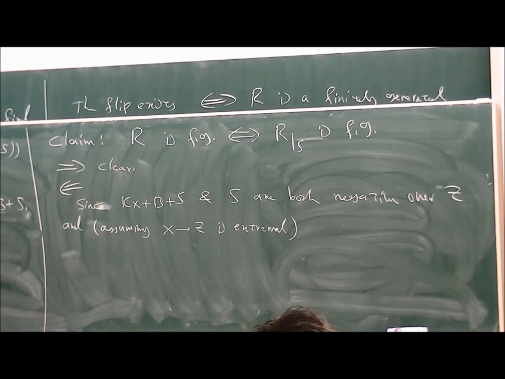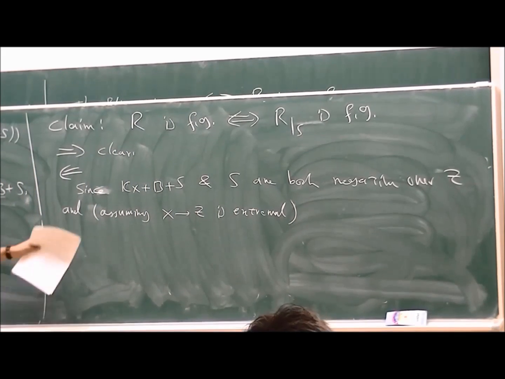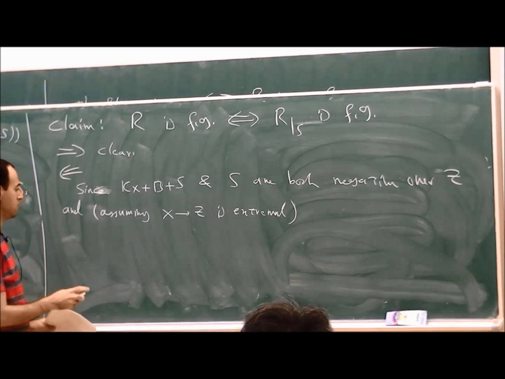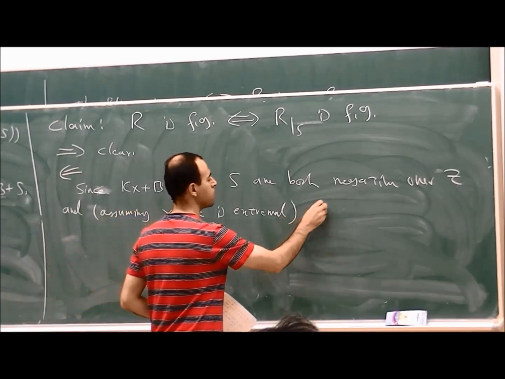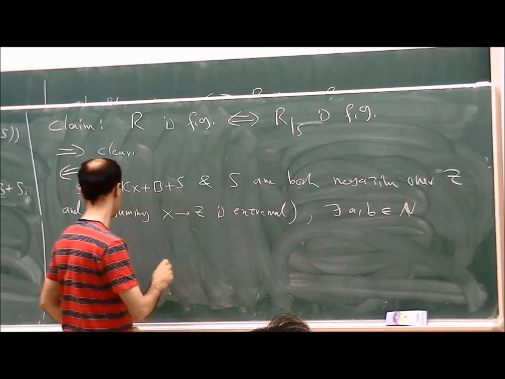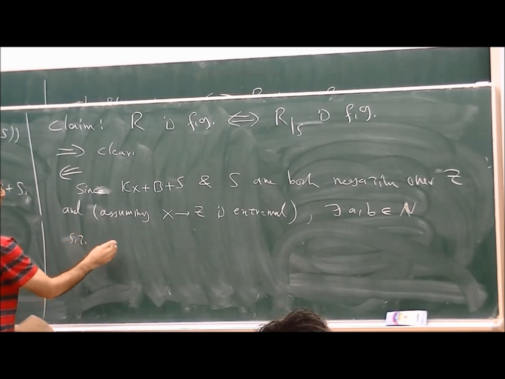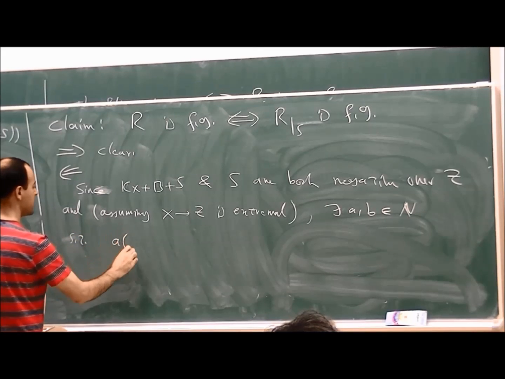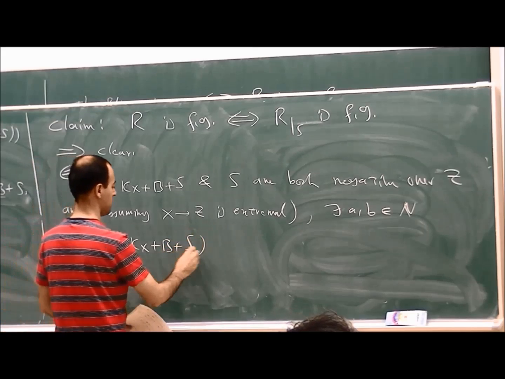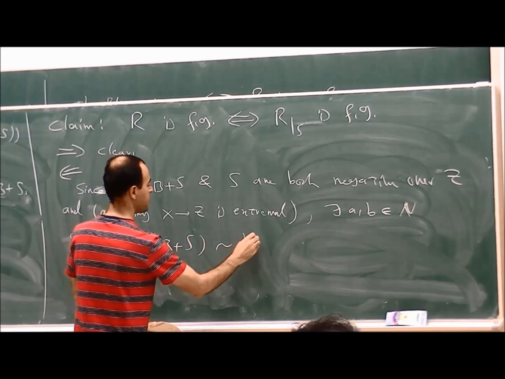If you don't know what it is, just ignore it. Anyway, by the fact that they are essentially proportional, you can find two natural numbers A and B such that A times (K plus B plus S) is linearly equivalent to B times S.